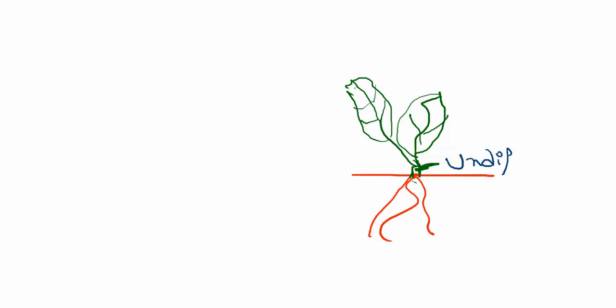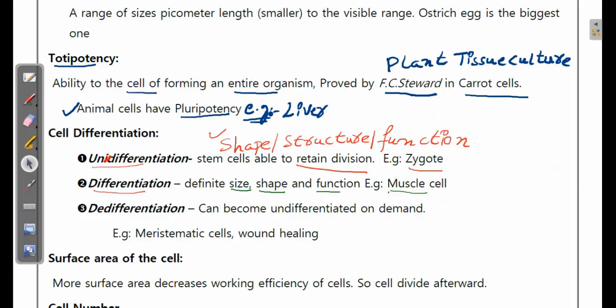These undifferentiated cells are gradually going to form the specific cells that eventually differentiate into the leaves and then the stem, and in the future the flowers, fruits, everything. So first the undifferentiated cells form differentiated cells, and these differentiated cells give rise to undifferentiated cells again at specific times.